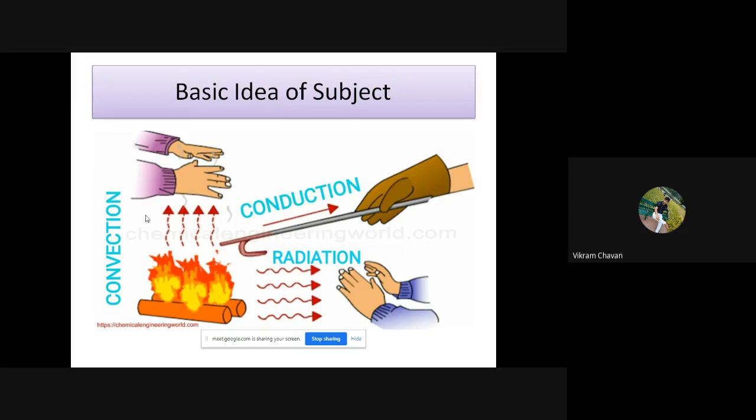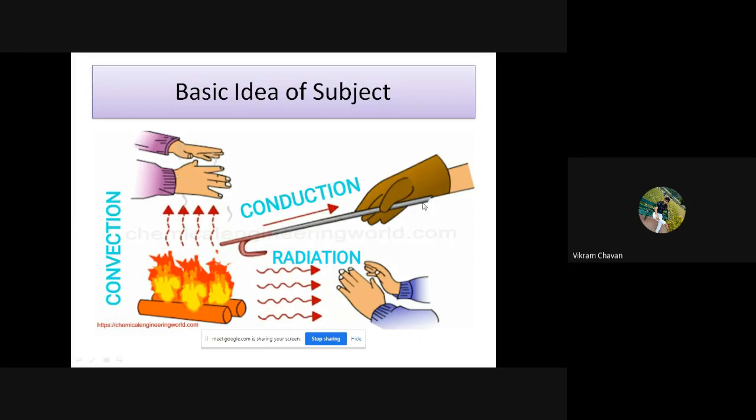So the fluid transfers the heat from one region to another region. That fluid movement is nothing but convection heat transfer.